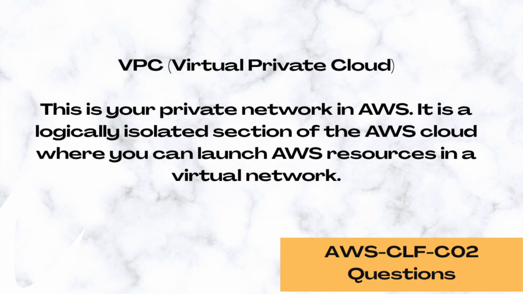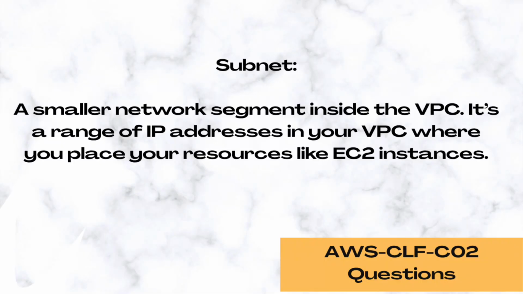It is a logically isolated section of the AWS cloud where you can launch AWS resources in a virtual network. Then subnet, a smaller network segment inside the VPC. It's a range of IP addresses in your VPC where you place your resources like EC2 instances.